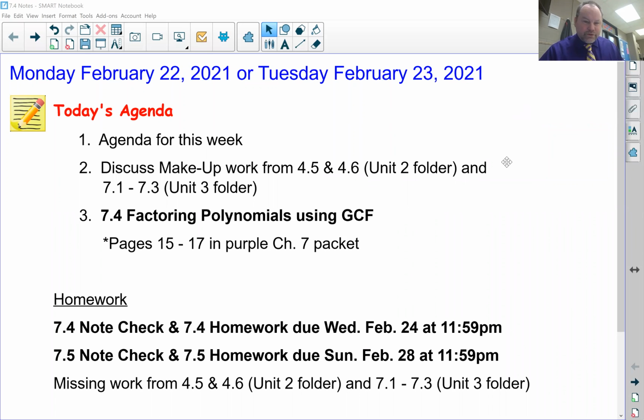So this week, we're going to continue with that idea of factoring. Today, we're going to look at finding a greatest common factor. And then at the end of the week, we will factor polynomials into binomial factors.